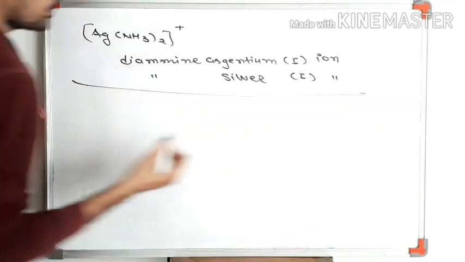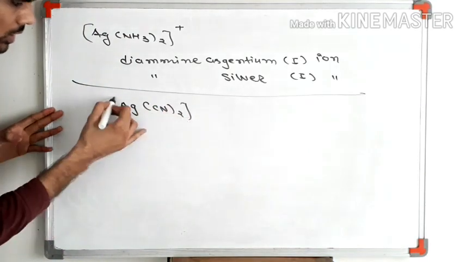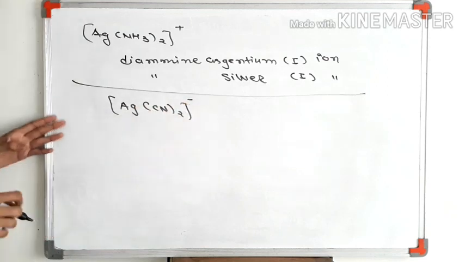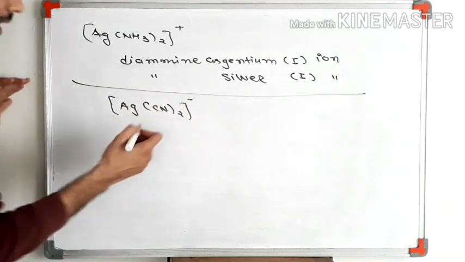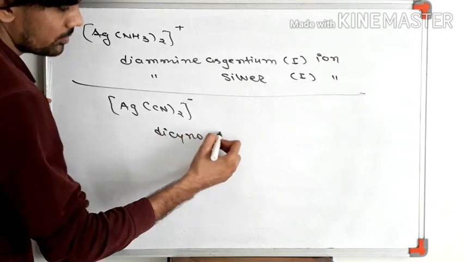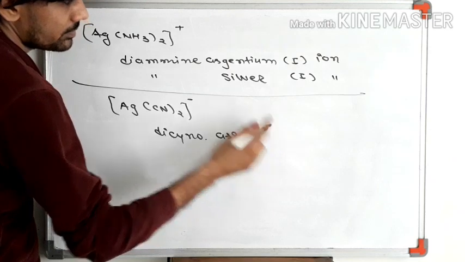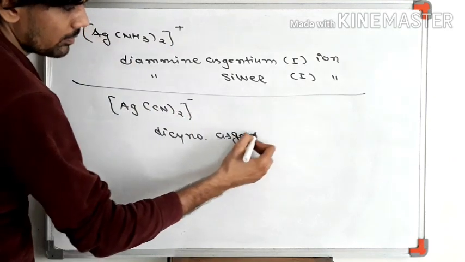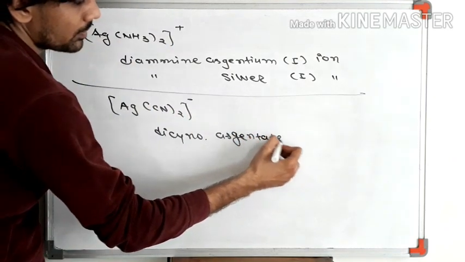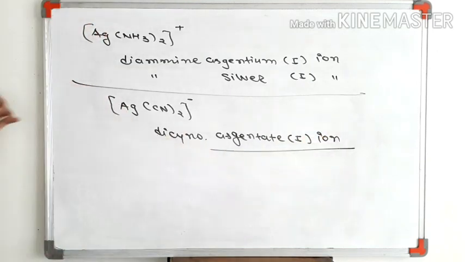But for [Ag(CN)2]-, the complex is negatively charged, so dicyanoargentate(I) ion. You cannot write silverate. You cannot write silverate. Okay.